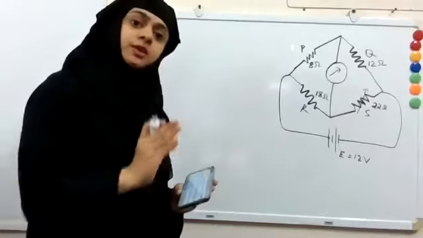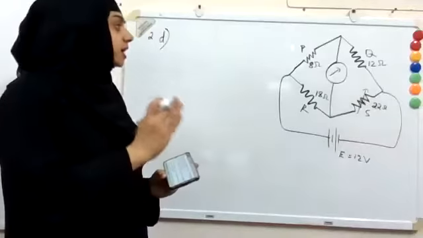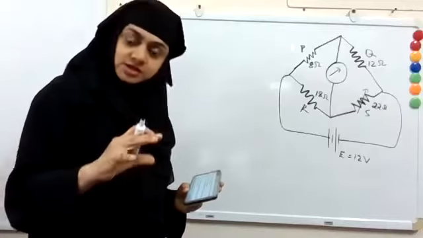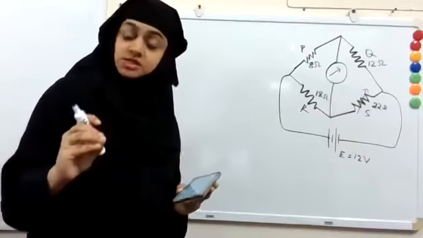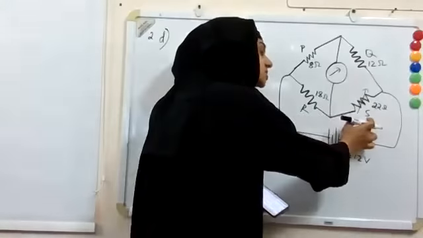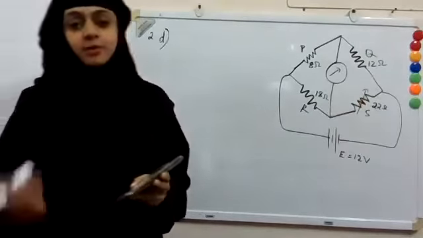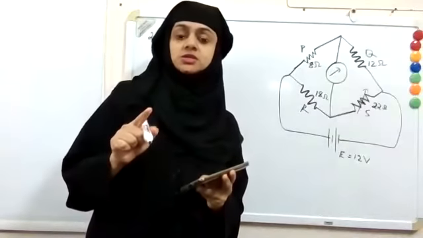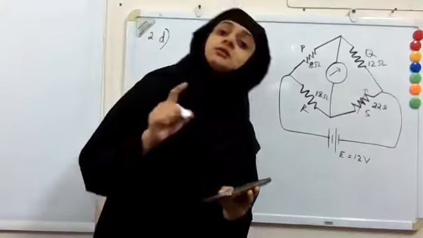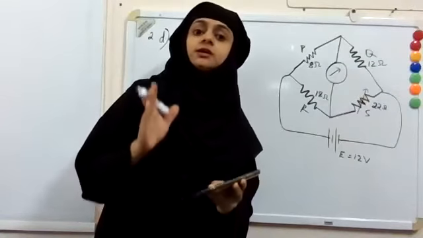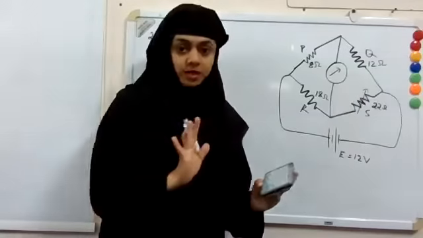You use the Wheatstone's principle, P by Q is equal to R by S, found the value of S, and you got it as 27, and you identified that a 5 ohm resistance is to be connected. But some of you didn't mention that the 5 ohm resistance should be connected in series. So only if you say that it should be connected in series, you will get the full marks.